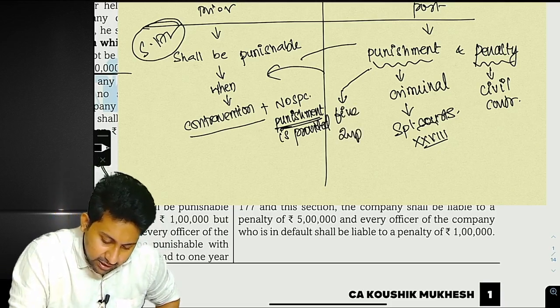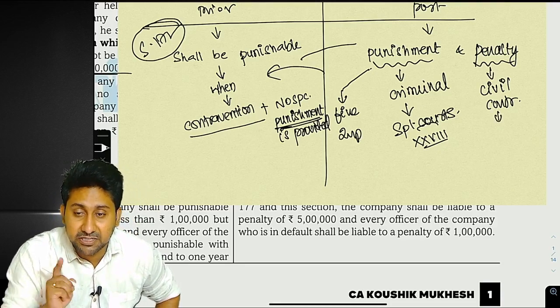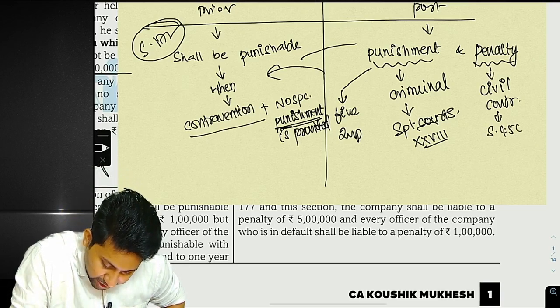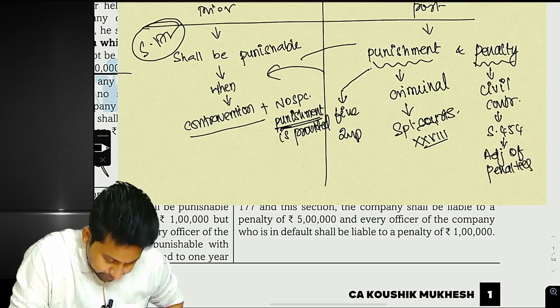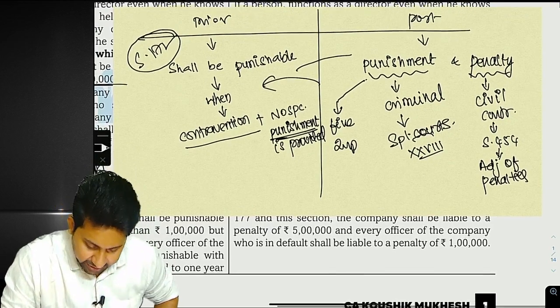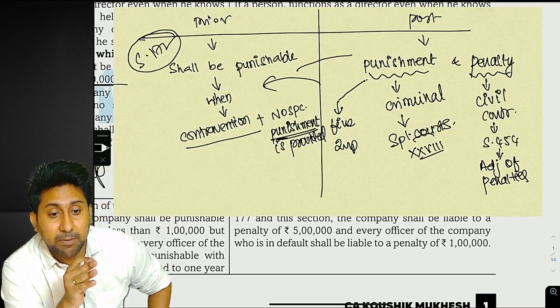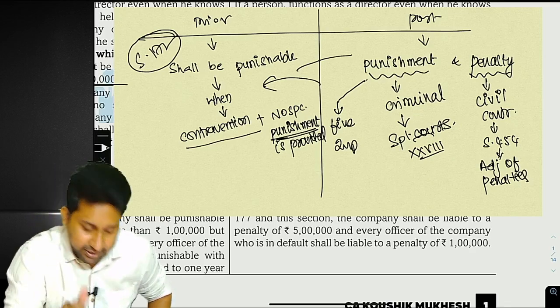Then penalty. Penalty is a civil contravention. Civil contraventions under the Companies Act are considered under section 454, adjudication of penalties. I repeat, prior to the amendment, the words were shall be punishable. Now the wording changes to shall be liable to a penalty.